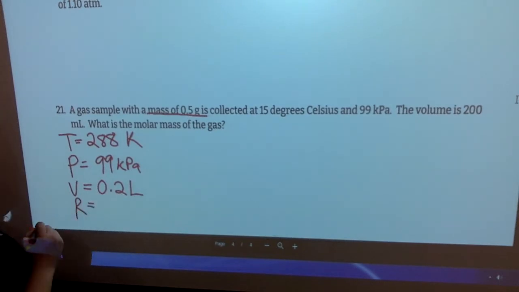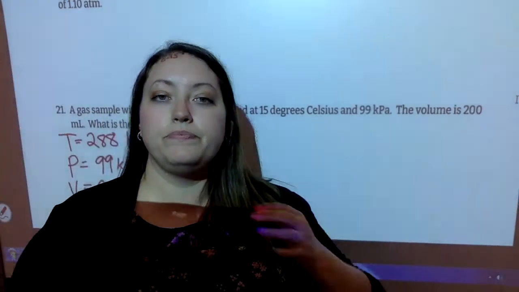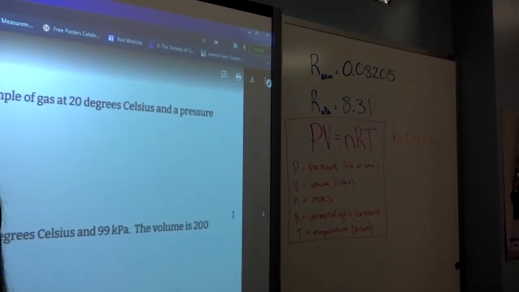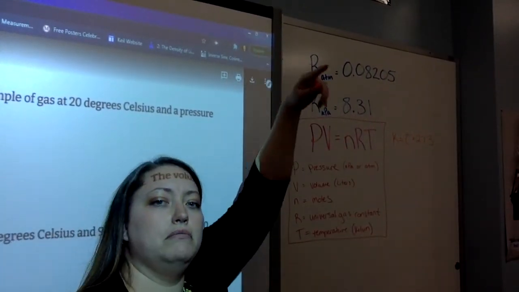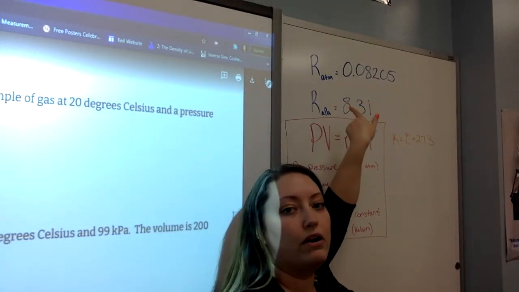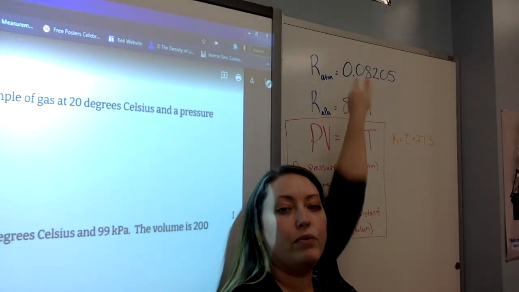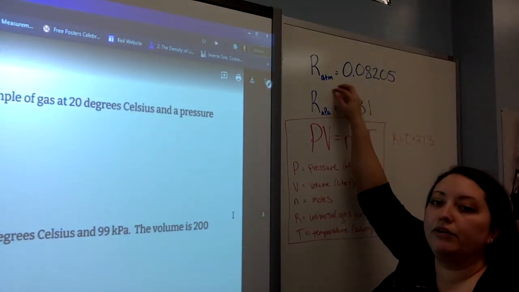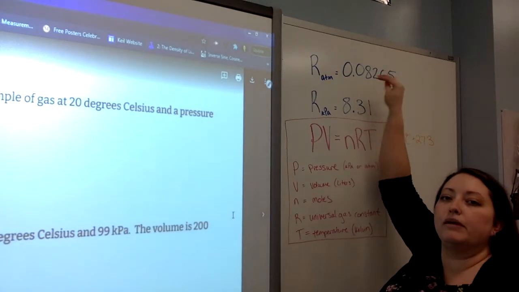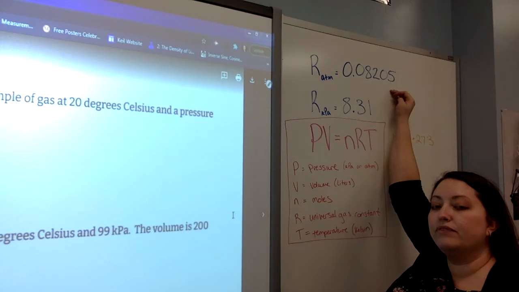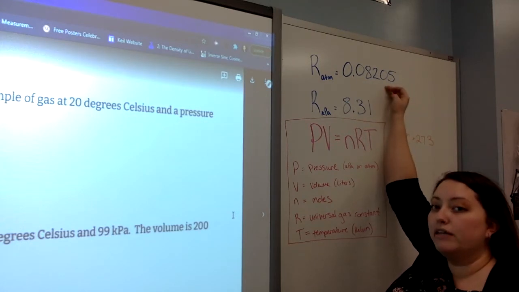R is, all right, up here. Can you see that? So you have 2 values for R. It has to do with what unit the pressure is in. If my pressure unit is in atmospheres, I'm going to use 0.8205 in place of R, because that's the universal gas constant.